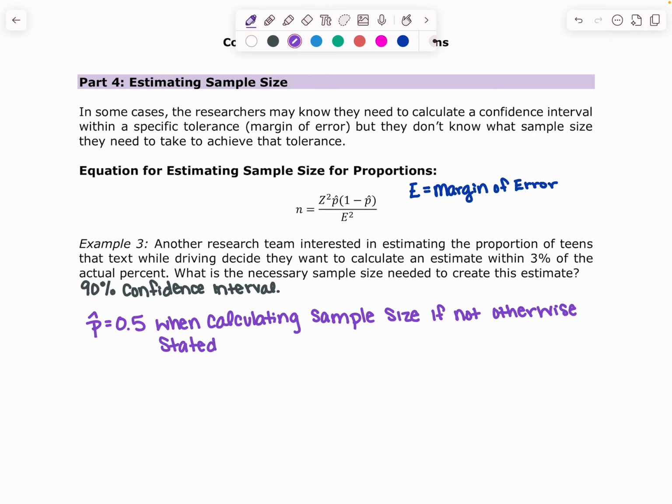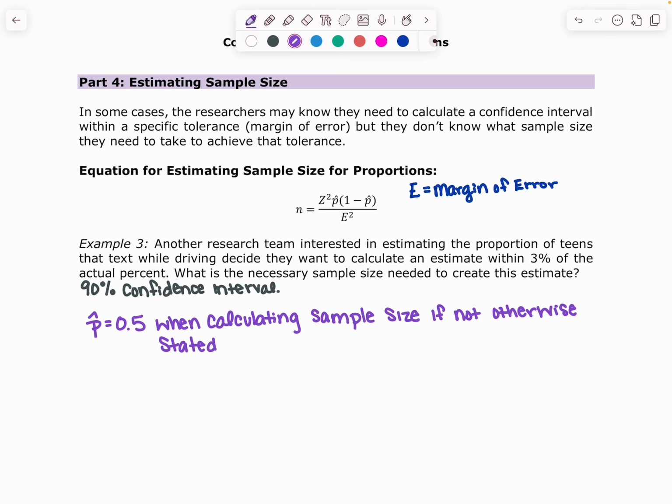And we use 0.5 because it's halfway between 0% and 100%. It just gives us a good middle ground. And when you do all the calculations that are necessary, it's going to give us the biggest sample size necessary.